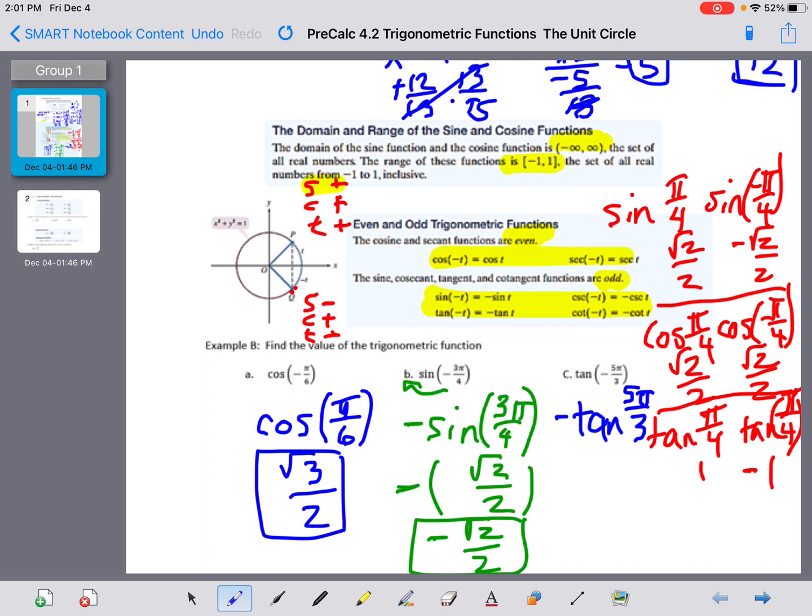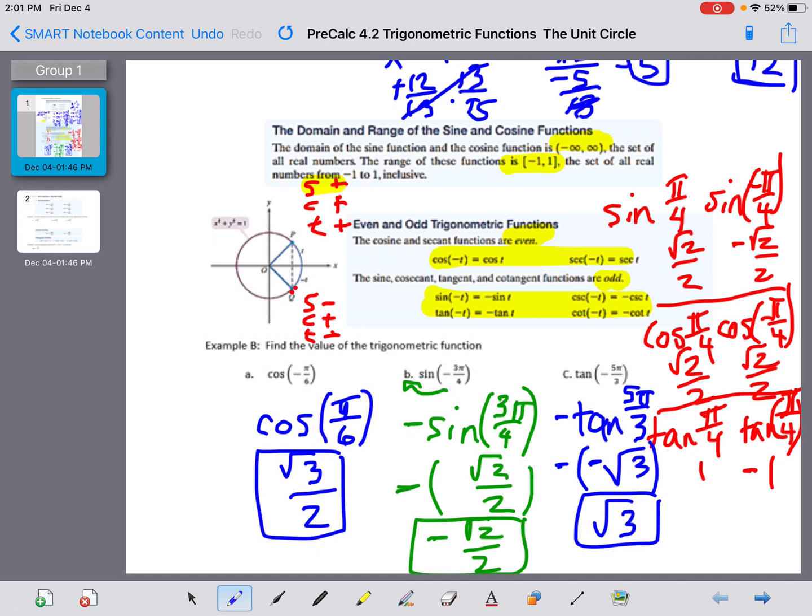Okay, anything pi over 3, if I check my chart, right, anything with pi over 3 has a tangent of radical 3. Because I'm in the fourth quadrant, it's negative radical 3. And because I have this negative out front, my negatives cancel, and my final answer is radical 3. Okay, so that's using my even and odd idea, okay?